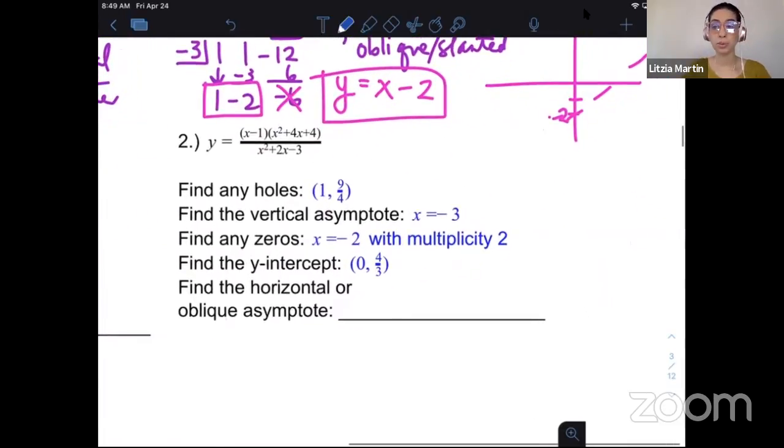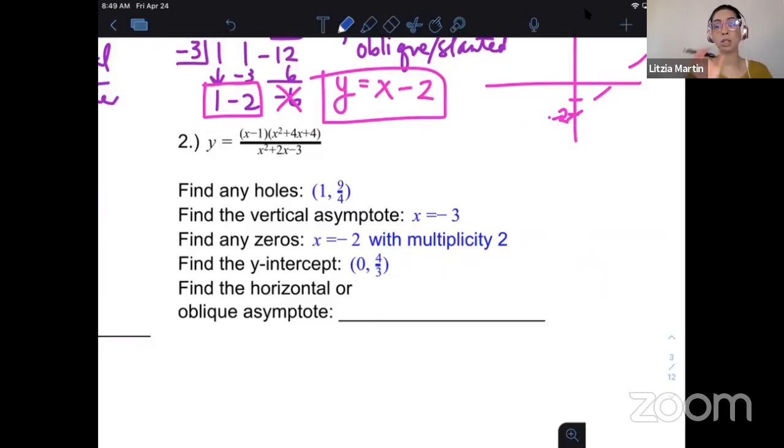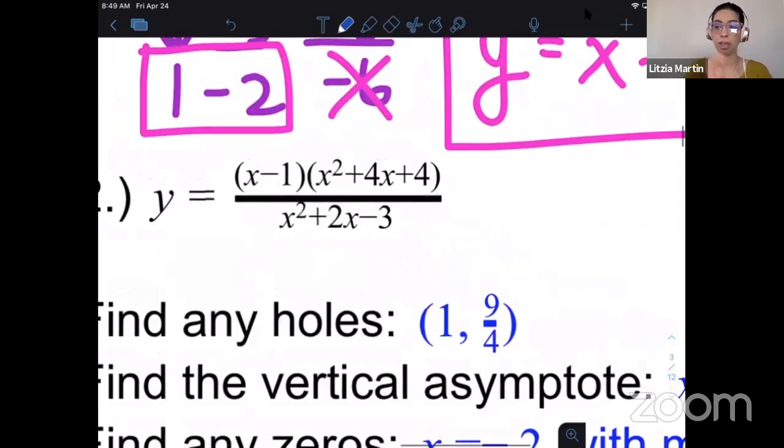So with this next one, because it's broken down, we know that the highest degree in the numerator is going to be what we get when we multiply those two, because x squared is the highest degree in that trinomial, and x is the highest degree in that binomial. So when you multiply them, it'll give us x cubed.